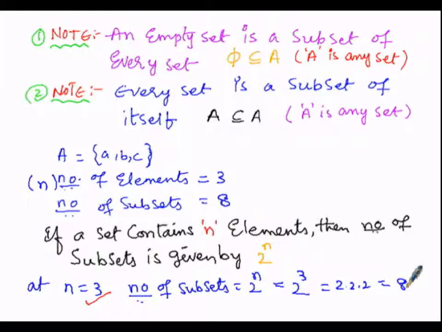In this manner I got the number of subsets as 8. So when the number of elements is 3, the number of subsets will be 8. As per the formula 2 to the power of n, we got 8. Hence the number of subsets is given by the formula 2 to the power of n.